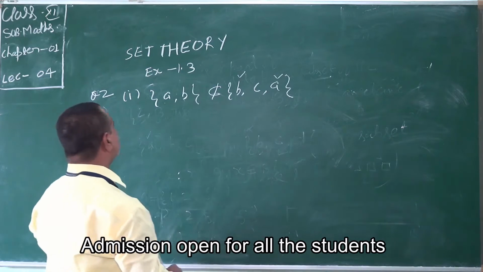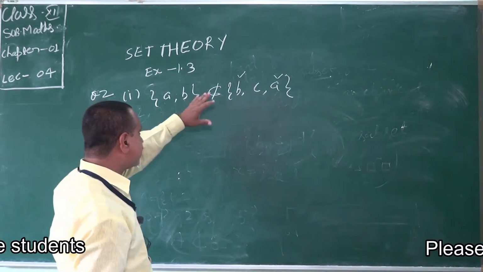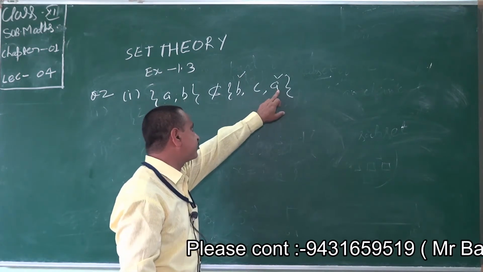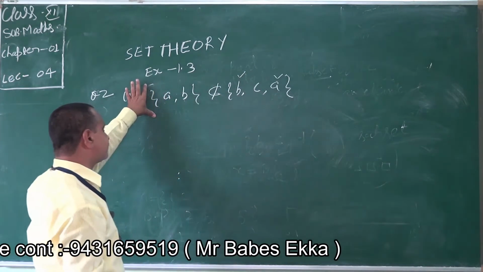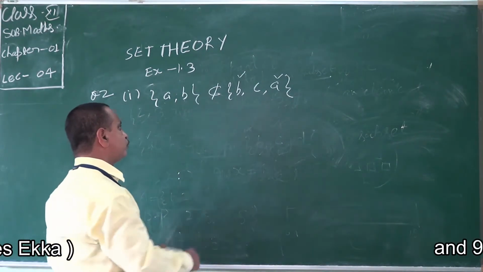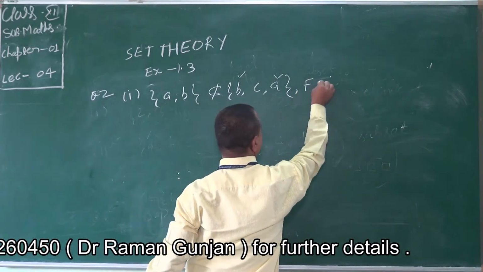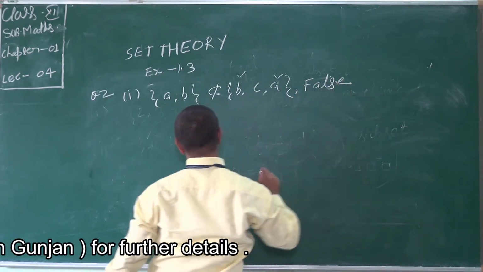Again I repeat, our first set has elements A and B which are also present in the other set, A and B. So this is a subset of that set, but it is given not a subset. So it is false. We write it is false. Give reasons.